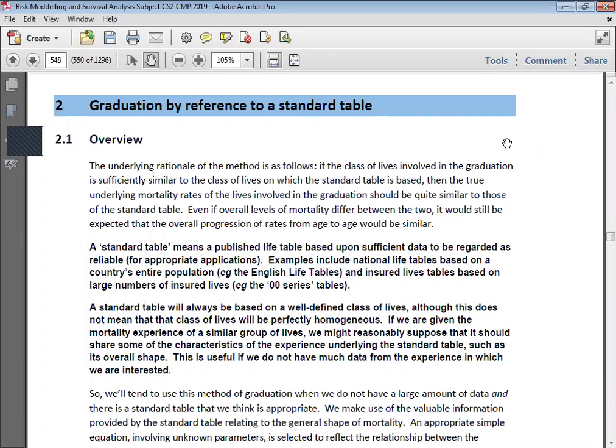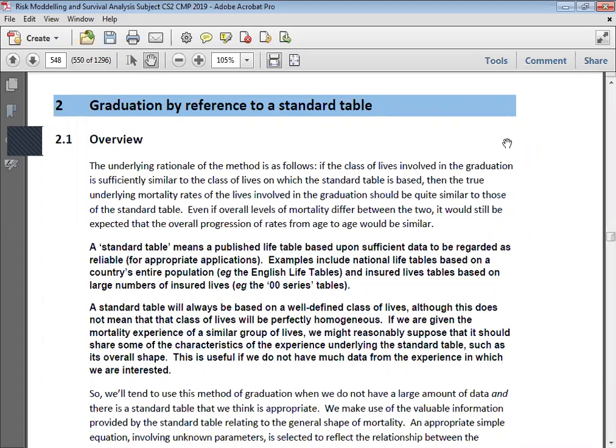So now sometimes what you see is you do not have much data. So let us say you're trying to observe the mortality rate of female non-smokers or female pensioners or something. Then you might have already prepared standard tables which you can rely on and bank on to give you a graduated smooth rate, which might suit your purpose.